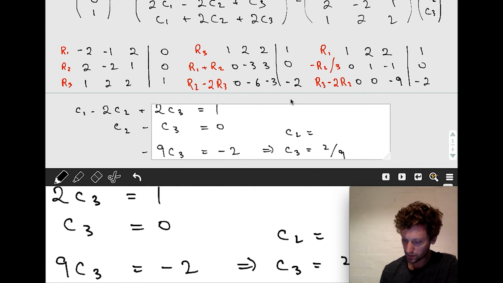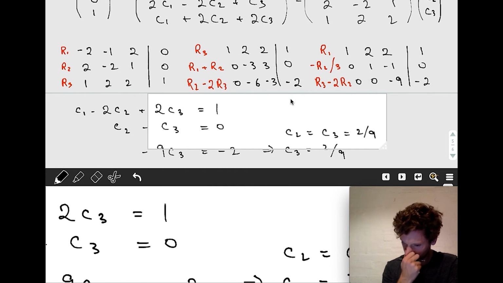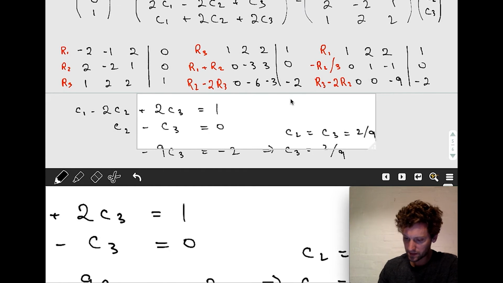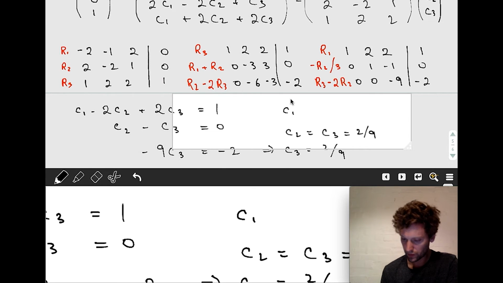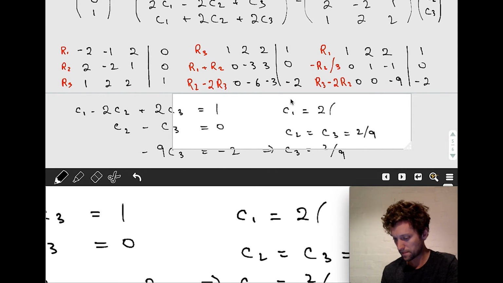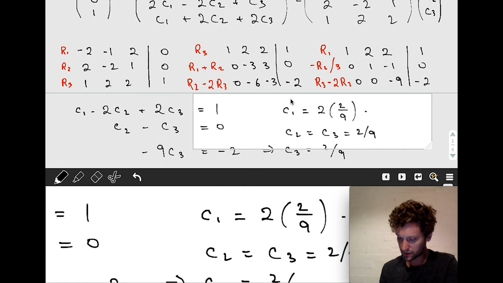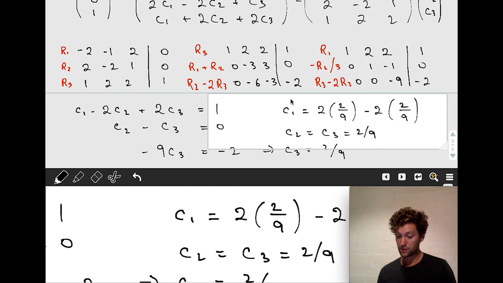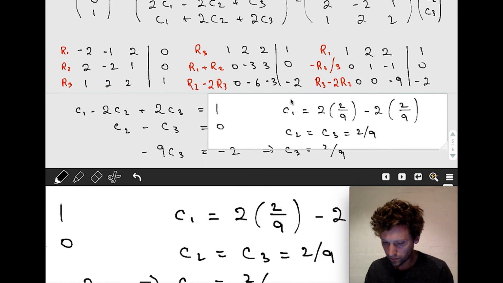C2 is equal to C3. And I have that C1 is equal to 2C2 minus 2C3. So that's going to be equal to, let's take care here now.